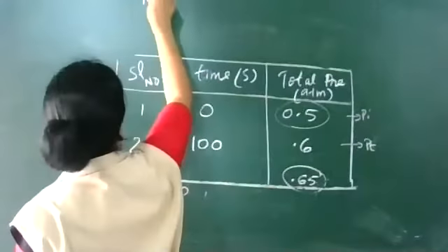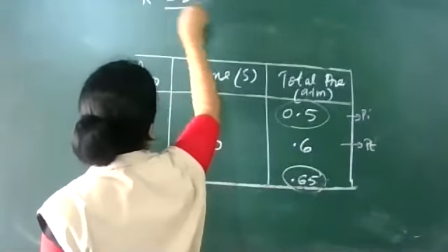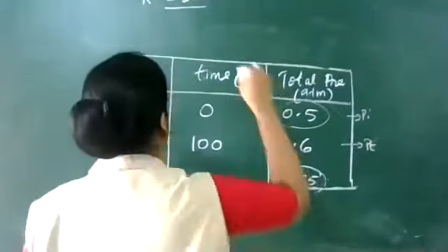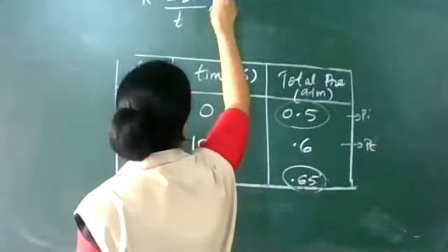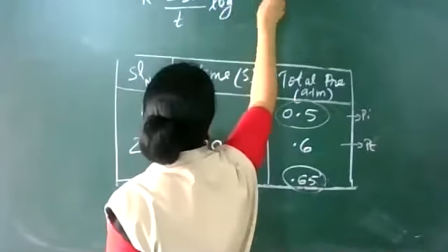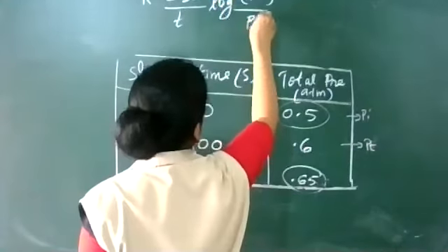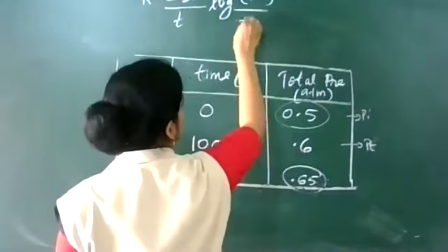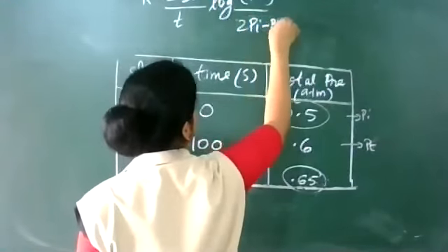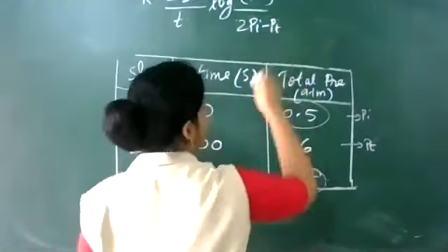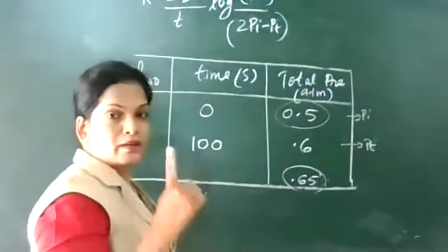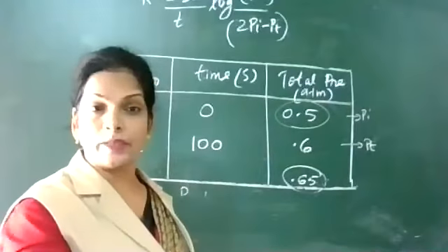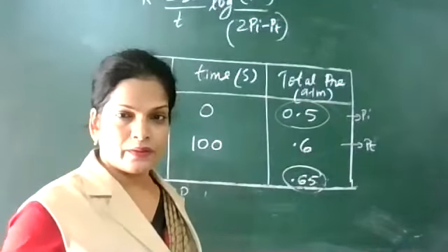K is equal to 2.303 upon t log Pi upon Pi minus x. Pi minus x, that means 2Pi minus Pt. I am taking 2Pi minus Pt because this equation is similar to the previous one I explained.